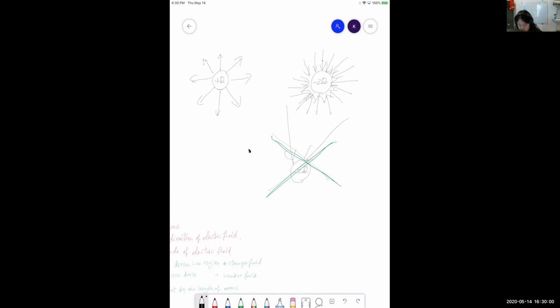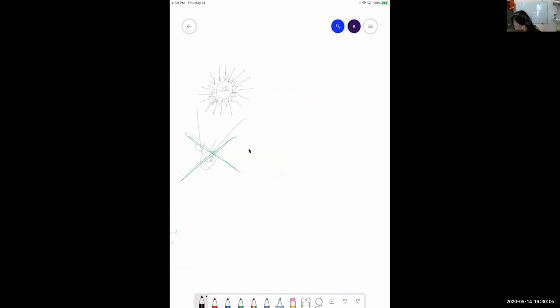What if you have two charges? What if you have a plus and minus? What does that electric field look like? So imagine you have a positive test charge here, here, and here. Draw the electric field line. And this plus and minus is called a dipole.